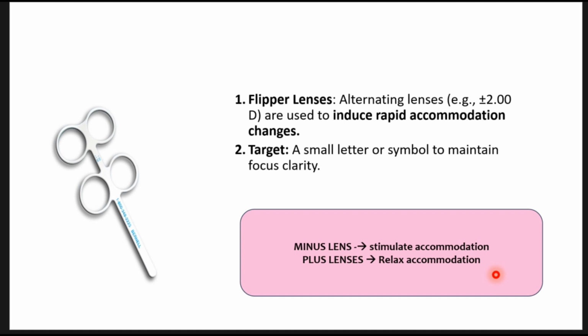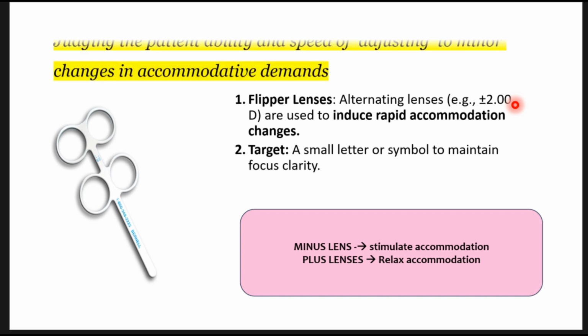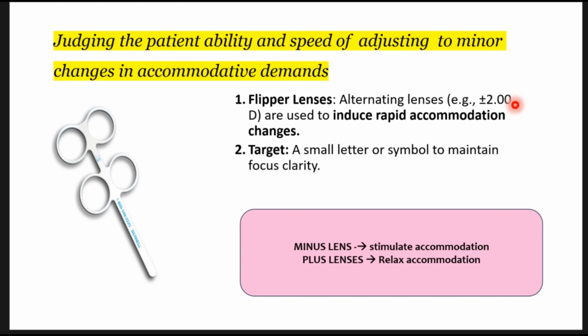Typically, we are using plus or minus 2 diopter flippers. The patient is going to alternate between the plus lens and the minus lens in each cycle. That means we are challenging the accommodative system to relax and stimulate its accommodation repeatedly. Okay, so we are going to just give the same stimulus, but we are actually changing the speed of the stimulus. So we are testing the patient's ability and the speed of adjusting to minor changes in accommodative demand.